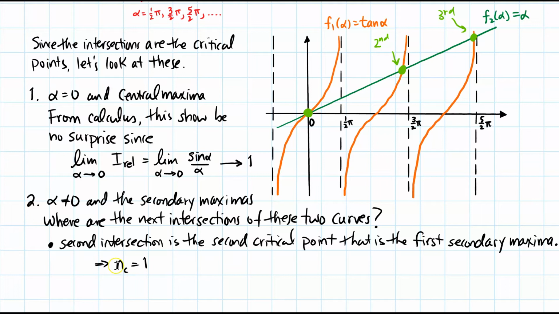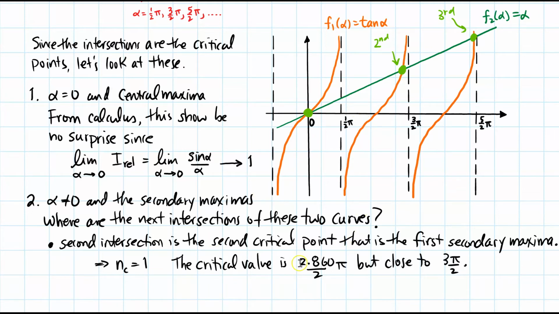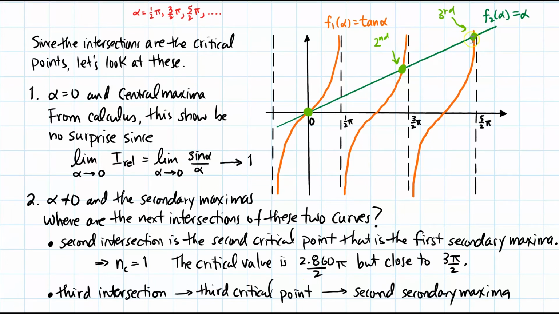This is what we would label nc equal to 1, and note that this is close to 3/2, but it's not there. As we'll see here, that value is not 3/2, but the critical value numerically is 2.860 times pi, and it's close to 3 pi over 2, but they're not the same. If I look at the third intersection here, that's the third critical point, and that leads to the second secondary maxima.